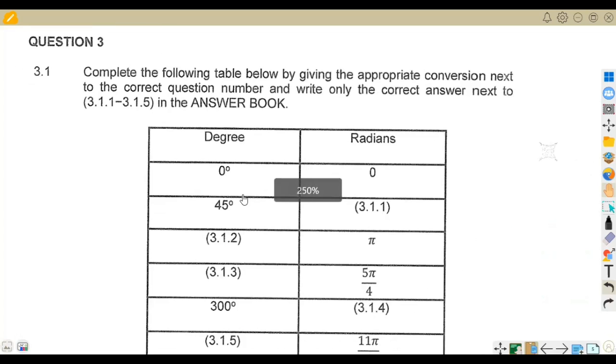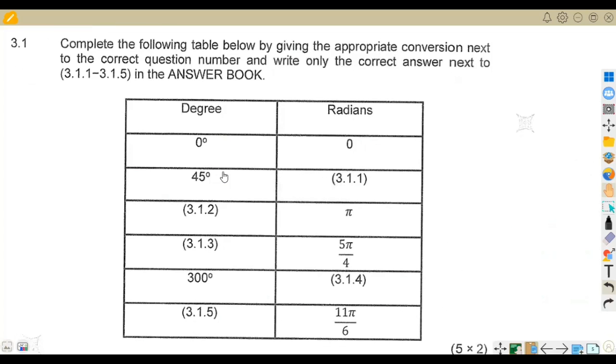Complete the table below by giving the appropriate conversion next to the correct question. So there's a conversion happening, degrees to radians. For conversion of degrees and radians, you choose which one is best. But when given like this, as you can see, the other values are in terms of pi. So which conversion did they use?